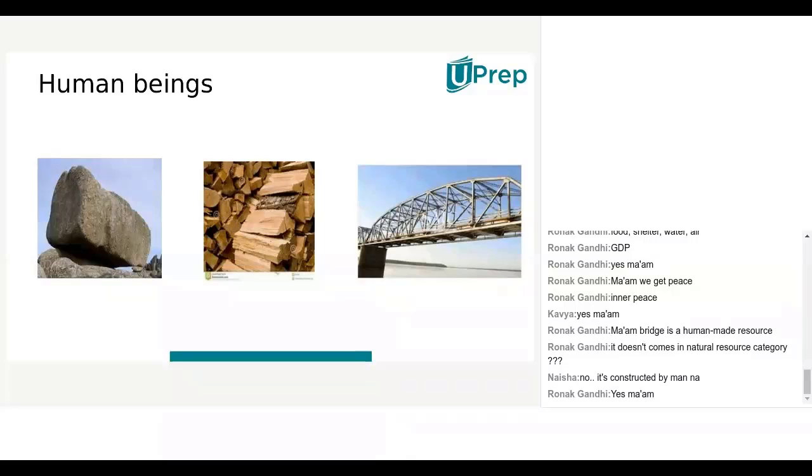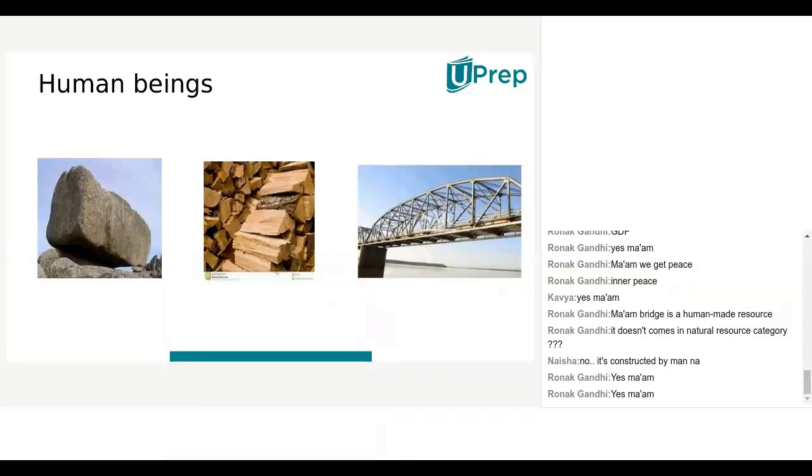Here, a bridge is not a natural resource. It is constructed with a natural material. Understood or not?